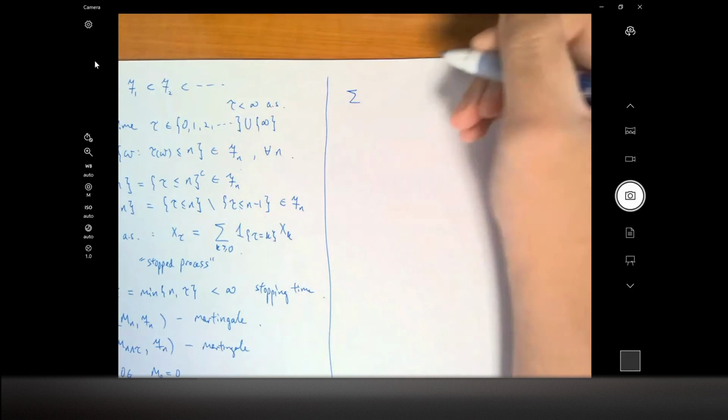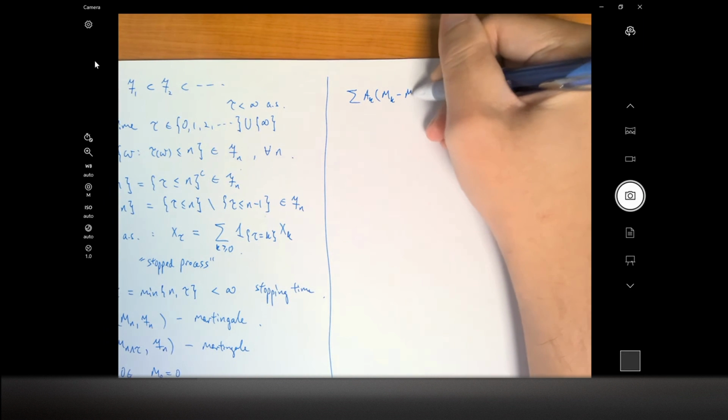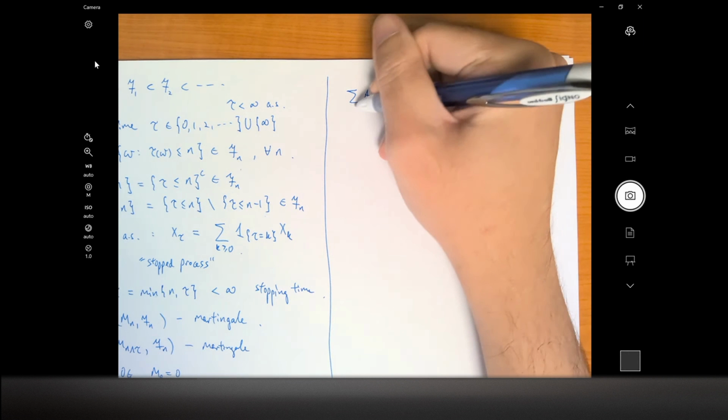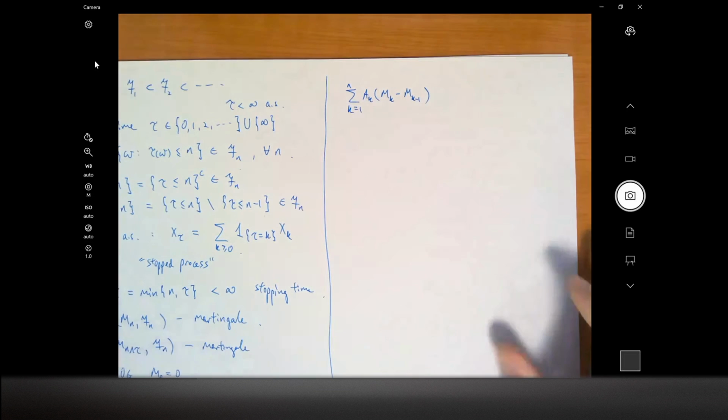So what is your martingale transform here? It is the sum of Ak times (mk minus mk minus 1), with k from 1 to n.